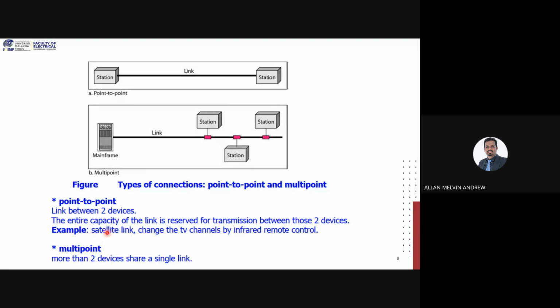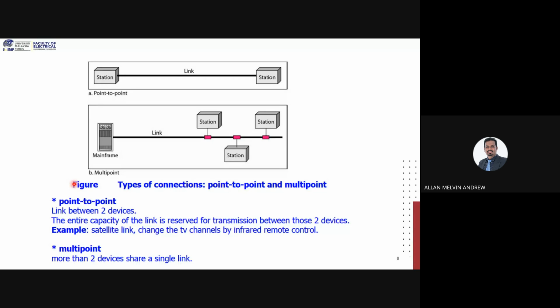So an example of point to point is a satellite link. Okay, because it must be personal, so it cannot be general, like everyone can read the information. For point to point, it's more secure, with more privacy, so other people cannot really read whatever information you are getting.